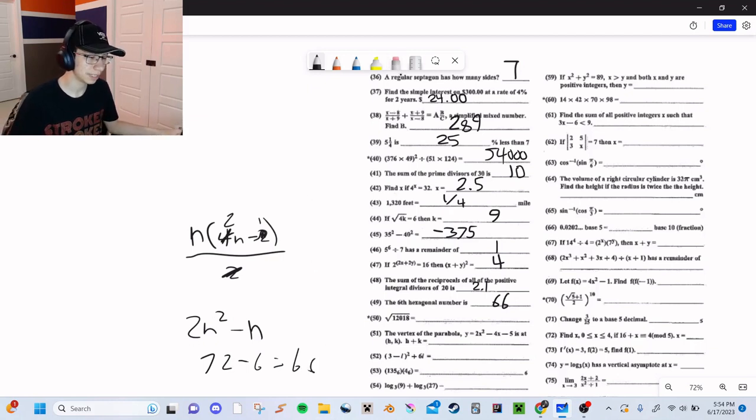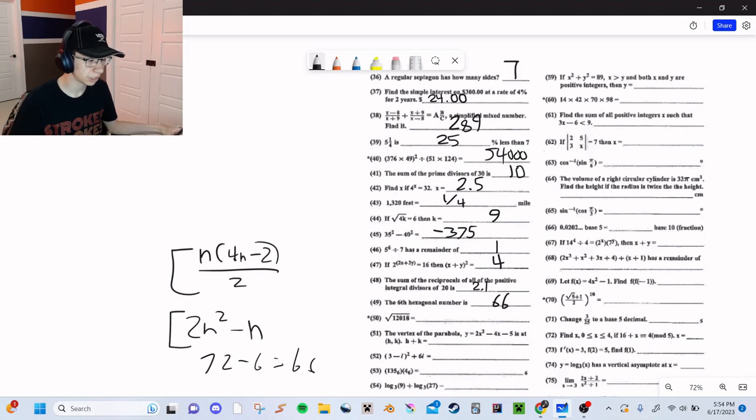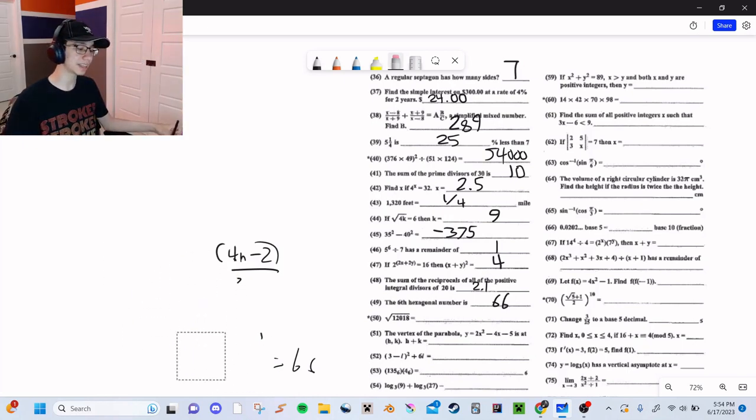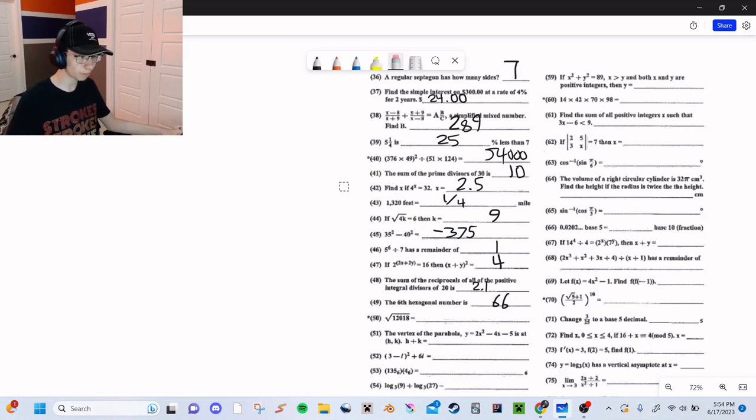So you could memorize either n times 4n minus 2 over 2, or 2n squared minus n. Both give you the same answer. Both are the representations for hexagonal numbers. Personally, I think 2n squared minus n is faster, but whatever works for you.